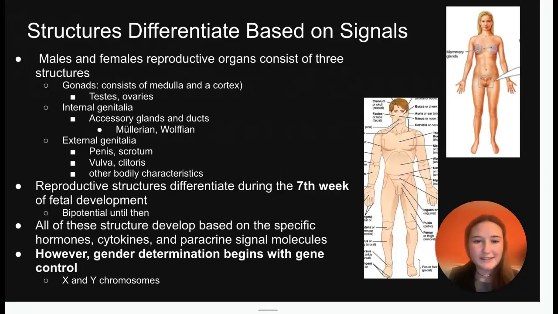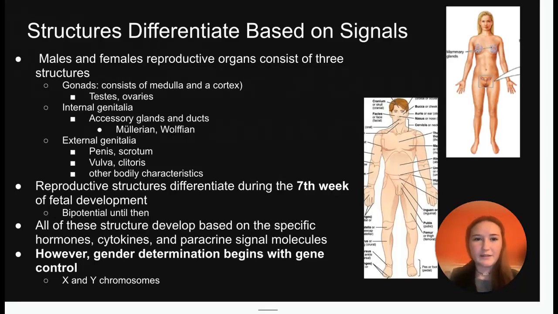All three of these are called bipotential, which basically means that they start as one organ in the embryo when your gametes fuse, and then once your gender has been determined, those primary organs will divert into one structure or the other.